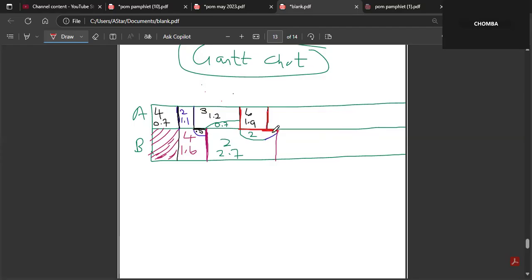So here, these people still have 0.1, they still have excess time. These ones still have 0.1 hours to continue finishing doing what? Binding job 2. Okay? Where does the 0.1 come from? The difference between 2 and 1.9.